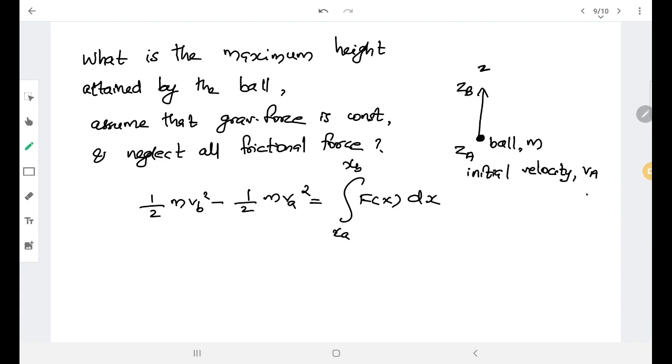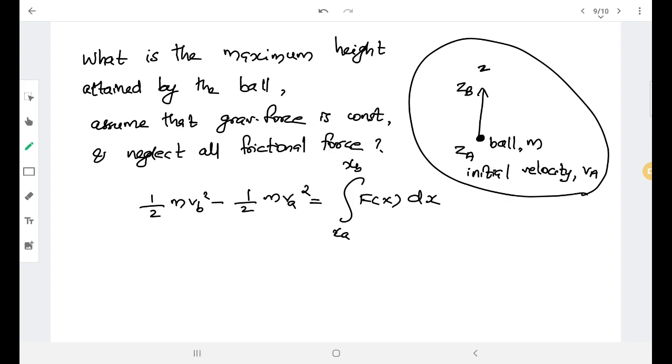Because this motion is also one-dimensional, since the ball is moving in the z direction only. So we can use the same general equation here also. Another hint is that the gravitational force is constant. What is the gravitational force? F is equal to mg.